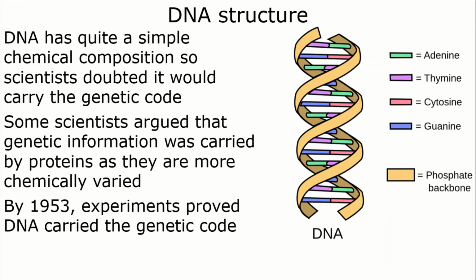But in 1953, several experiments proved that it was actually DNA that carried the genetic code. Around this time, Watson and Crick discovered and published the structure of DNA, which we now know is the double helix.